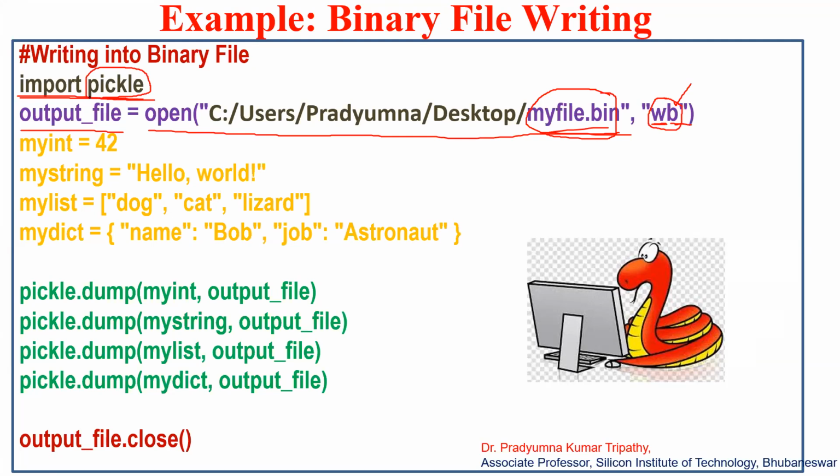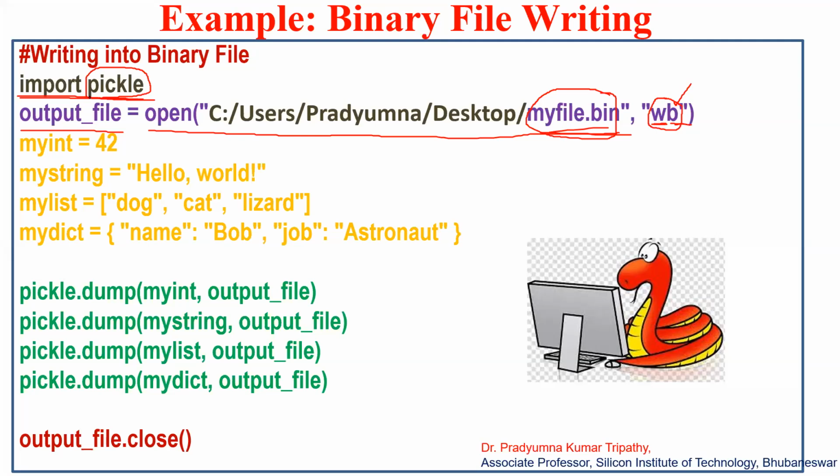I am writing different types of data into the file. I want to write a list, a dictionary, string, integer, different types of data, into the file. But in the text file, whatever you write, it will be written in the form of text. It will not be in the form of dictionary or list or string.